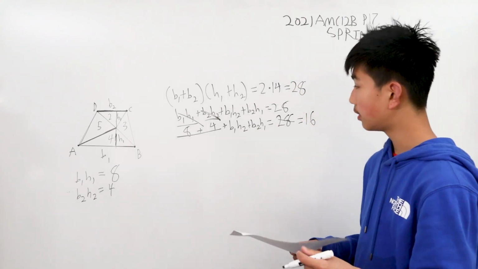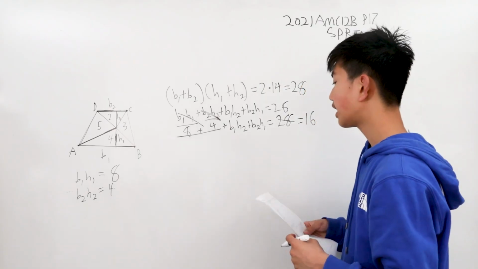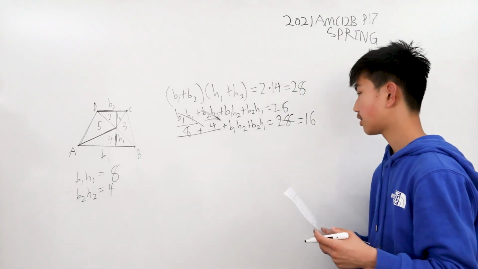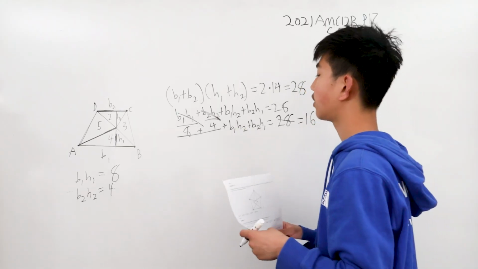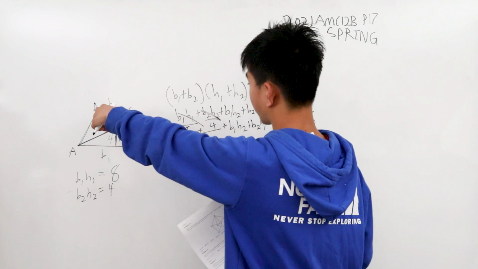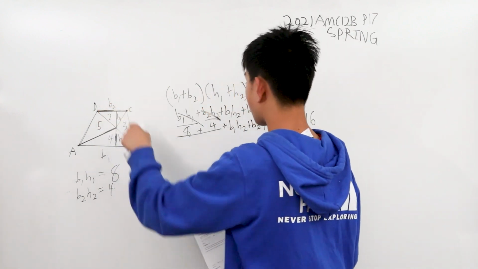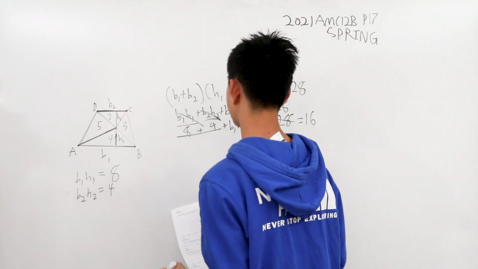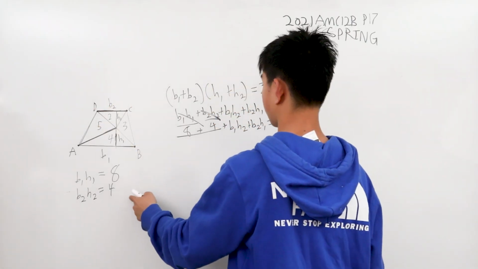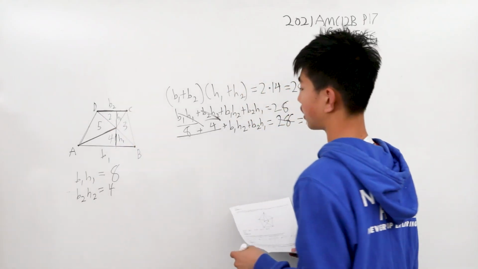Now, since we know these values, we can set values. Let's look at this upper triangle with base B2 and height H2. It can't be 2 and 2 for the lengths, because then they would be equal.